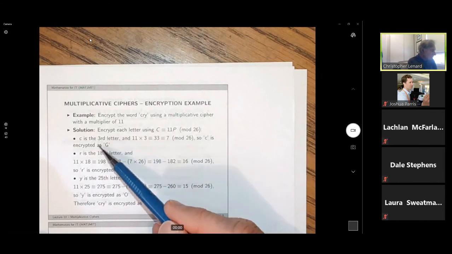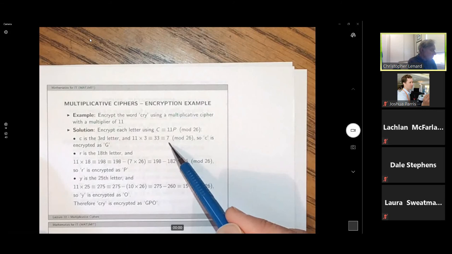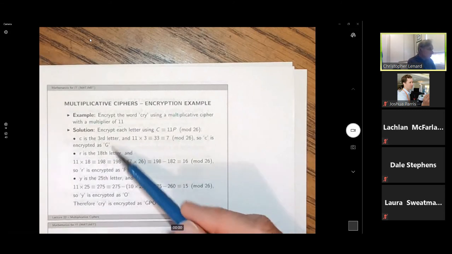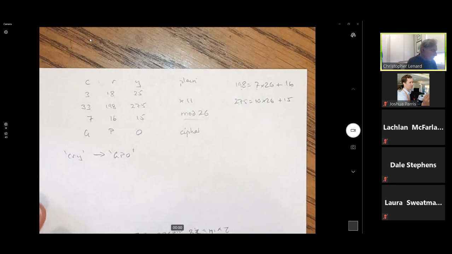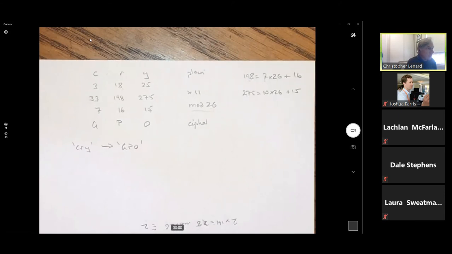So third letter, 3 times 11 is 33, reduced to 7, and then 7 corresponds to G, and so on. But this tabular form is really good for when we get a more complicated encryption process, and also when we want to decipher or decrypt, because decryption is also going to be quite important for us.